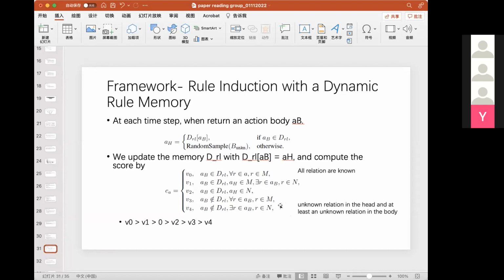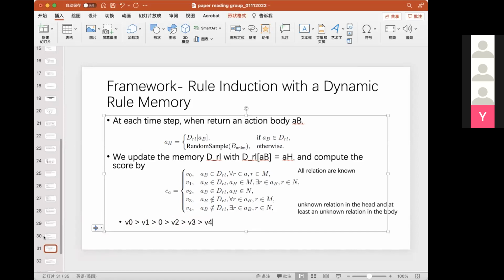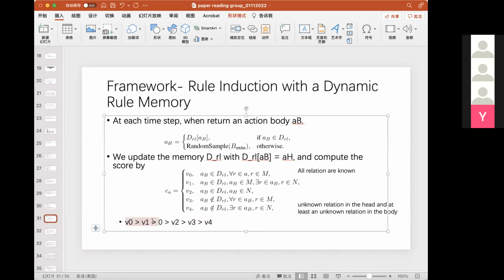If we have an unknown relation in the head and at least one unknown relation in the body, then this rule will have the most negative score. Of these 5 cases, only the first 2 have positive scores, and the rest are regarded as negative cases. And V0, V1, V2, V3, V4 are the constants defined by ourselves.